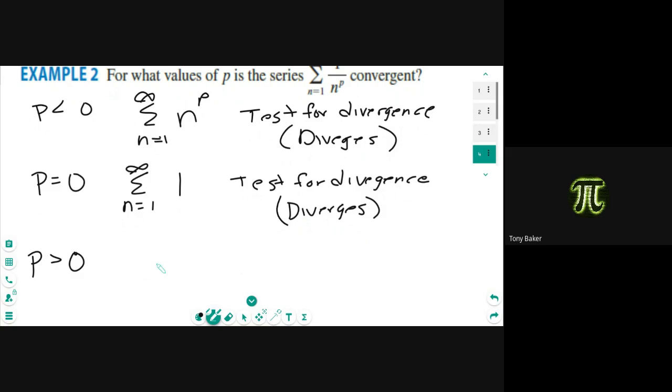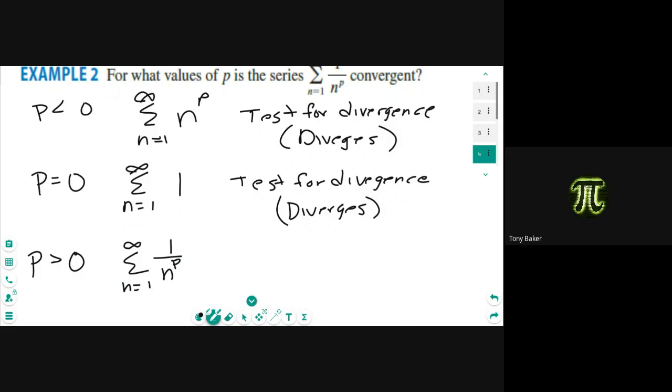So that's still just 1 over n to the p. We can't use the test for divergence on this, because that would go to zero. No matter what the bottom is, eventually it's going to go to zero. So it doesn't fail the test for divergence, and we have to do something else.